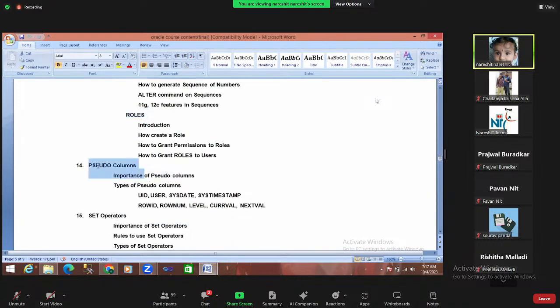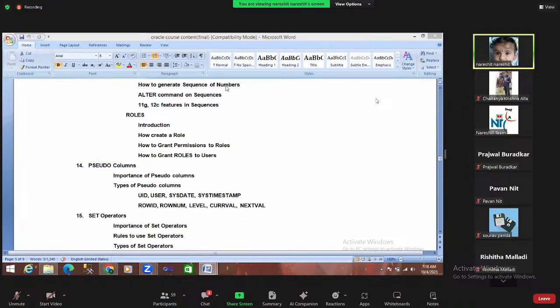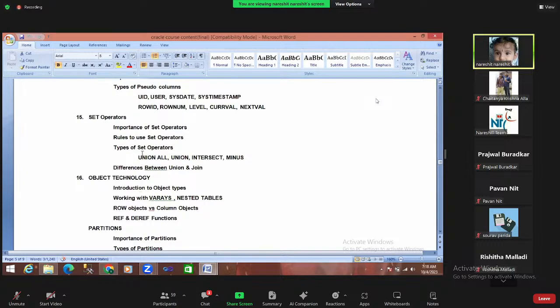Next is pseudo columns. From pseudo columns, in interviews, a minimum of 2 to 3 questions come from this chapter, guys. This is the most important chapter. Next one is set operators: union all, intersect, minus.